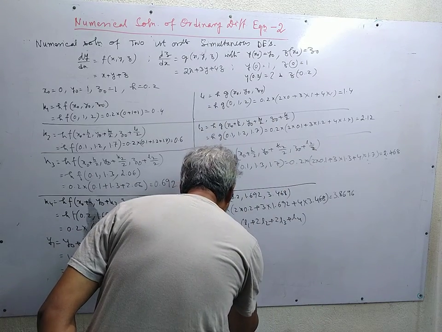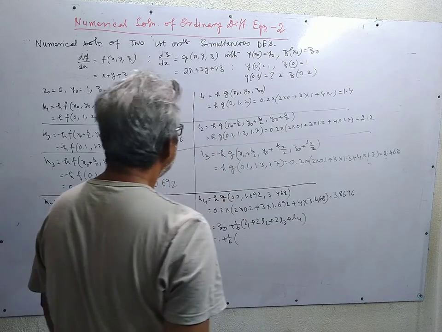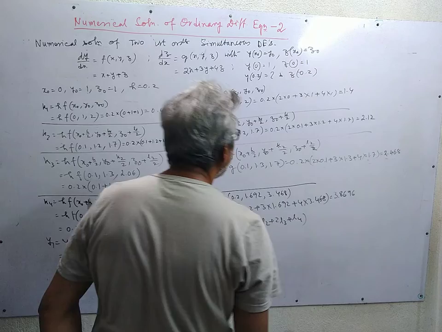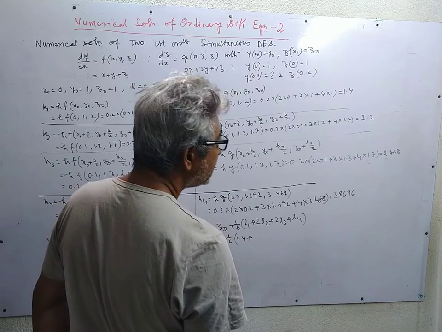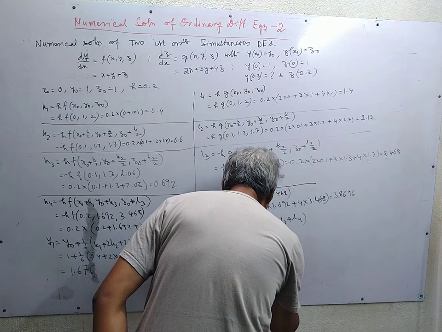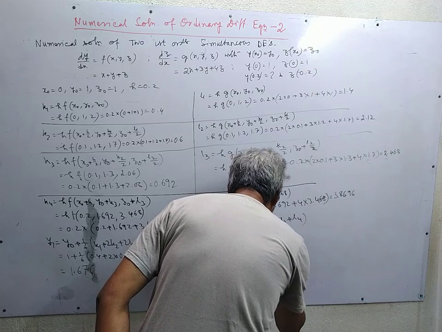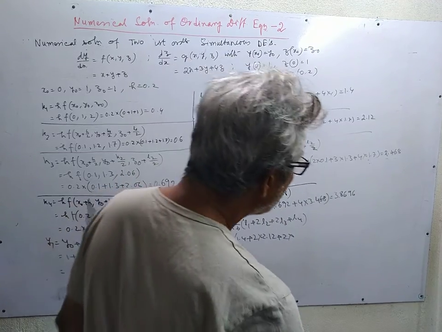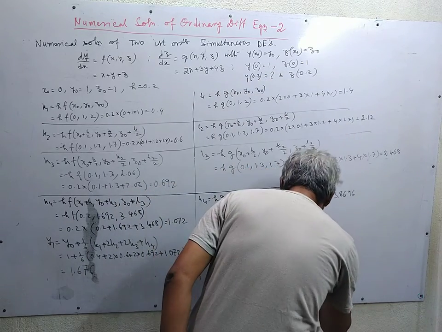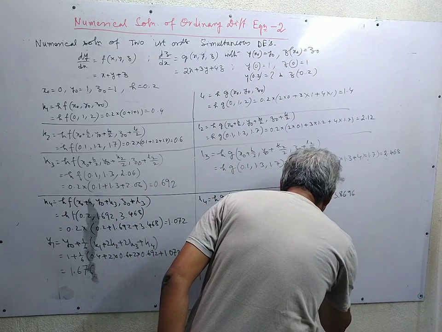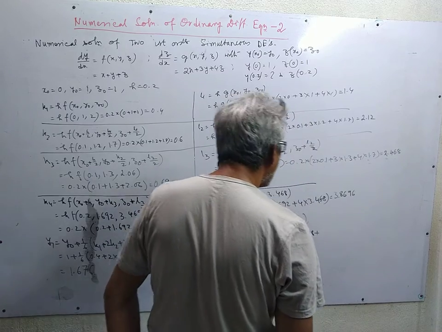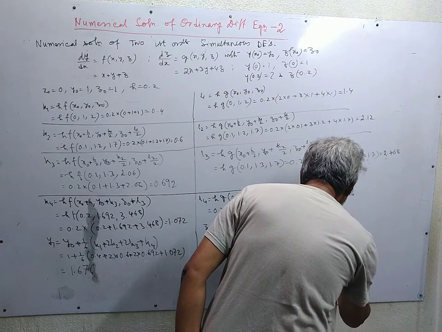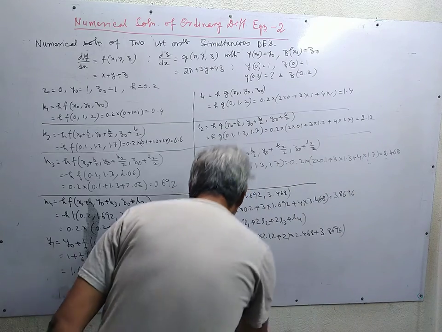Z1 is 1 plus 1 upon 6, L1 is 1.4, L2 is 2.12, L3 is 2.468, and L4 is 3.8696.